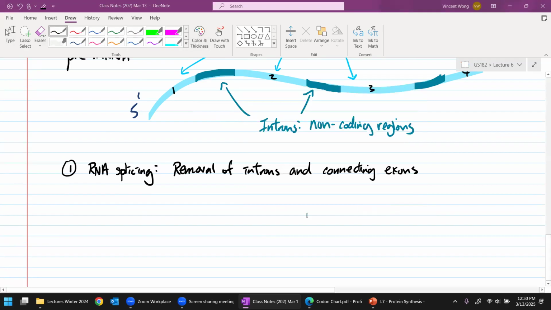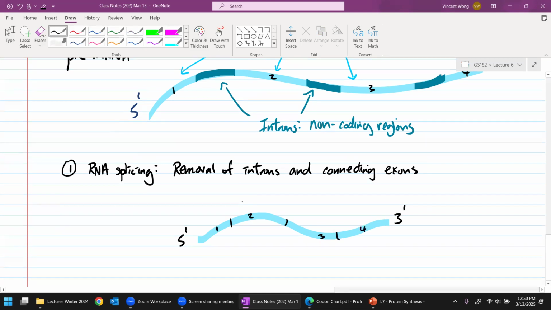So afterwards, you are just going to have the exons. It's going to be shorter than before, but that's fine. This is 5 prime. This is 3 prime. And you have your exon number 1, exon number 2, exon number 3, and exon number 4.